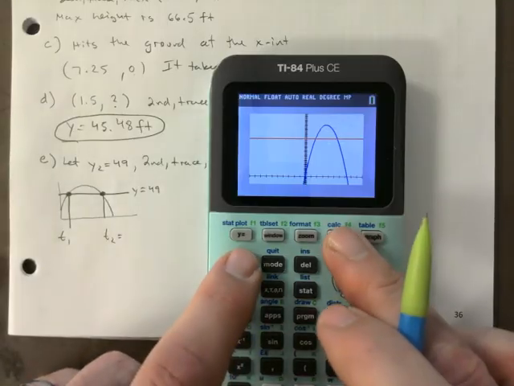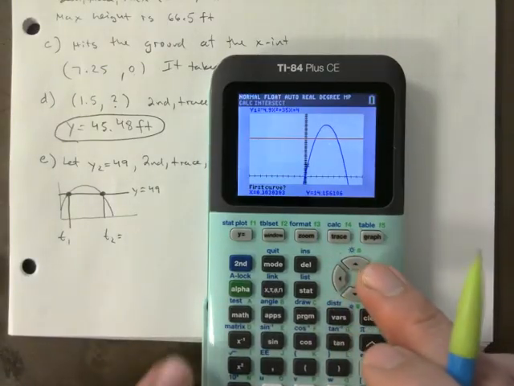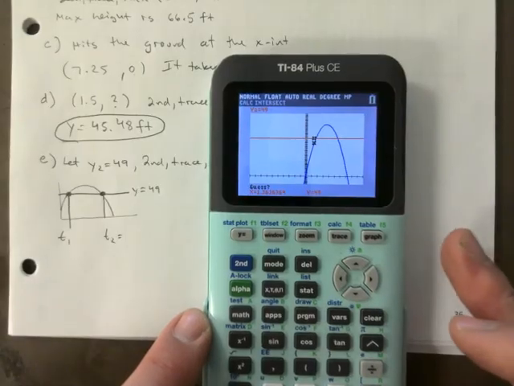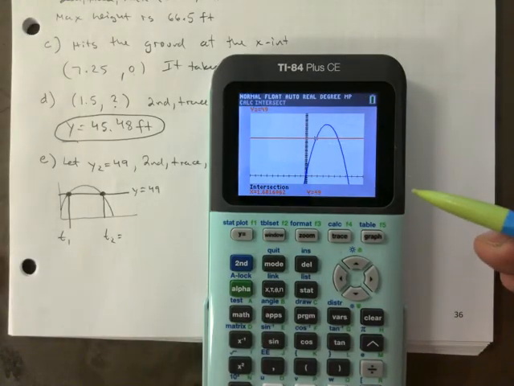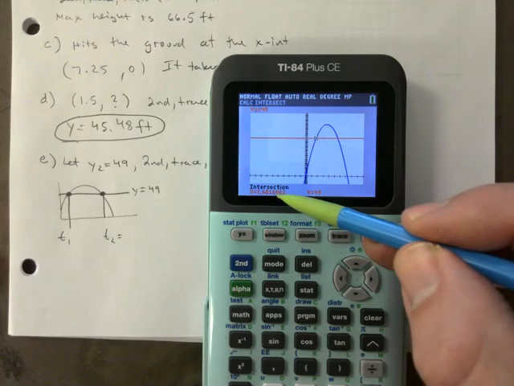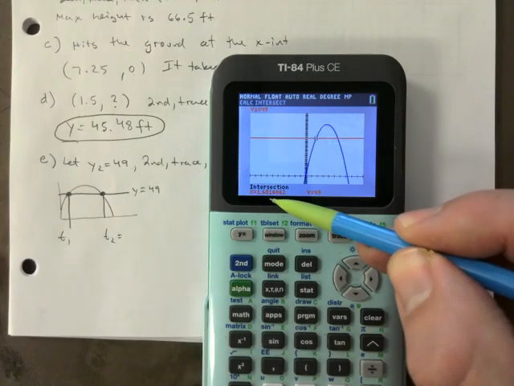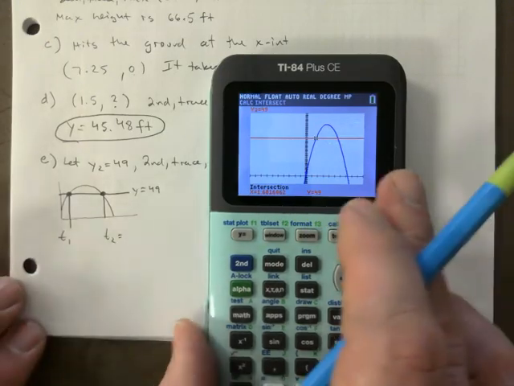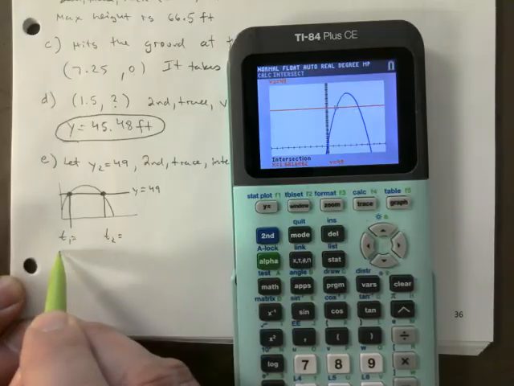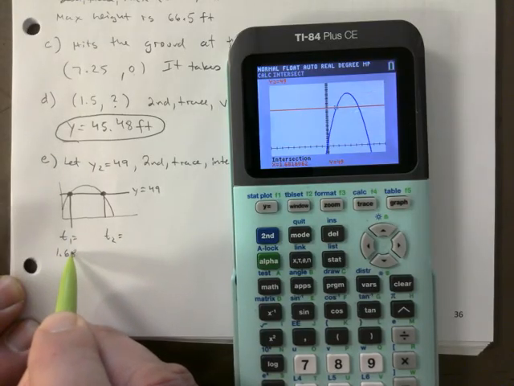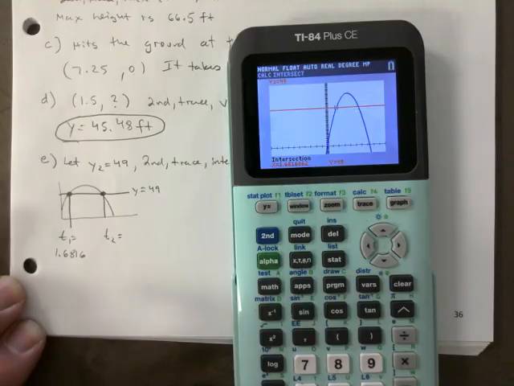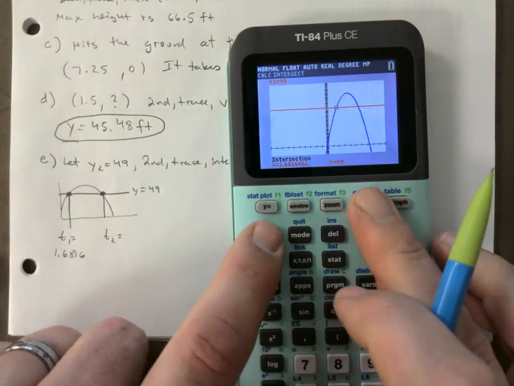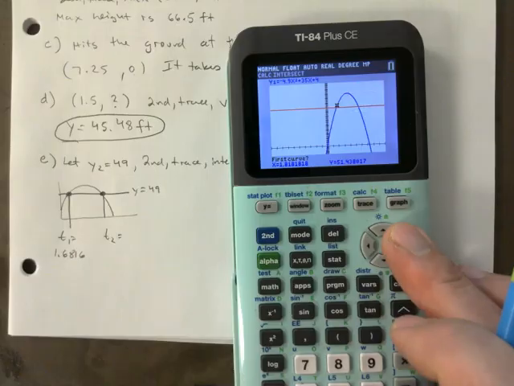So here we go. Second trace 5. Let's find the first one. Enter, enter, enter. A little nuance here. We round to 4 decimals here. You double the decimal places because we're going to subtract these two numbers. So you don't want to round just yet. So I'm going to write this down. 1.6816. Do this one more time. Second trace 5.